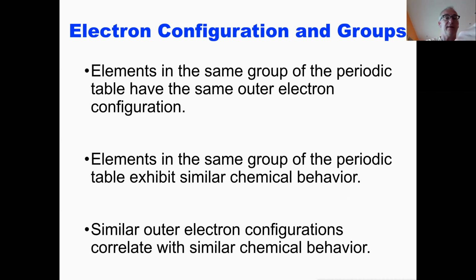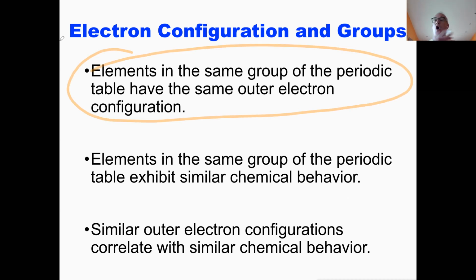And the important thing to remember about why that is, is that elements in the same group all have exactly the same outer electron configuration, except one level further away.